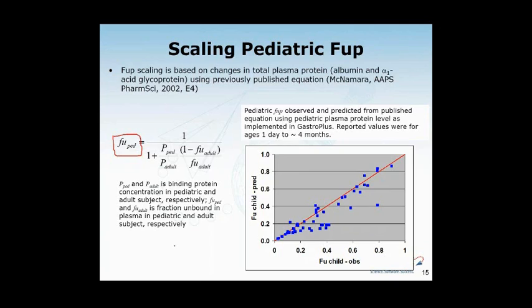Okay. But the point is that the fraction unbound in pediatrics is scaled from adults by taking into account the different protein concentrations in pediatrics. Yes, that's correct.